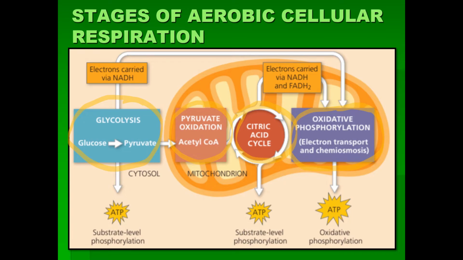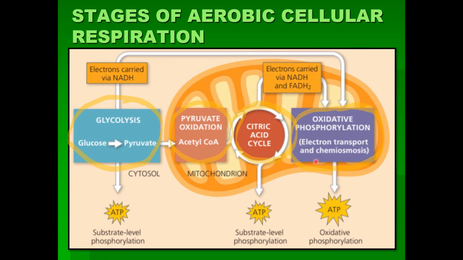Now, among these 4 stages, the electron transport chain and chemoosmosis produce the greatest amount of ATP. So always remember that.